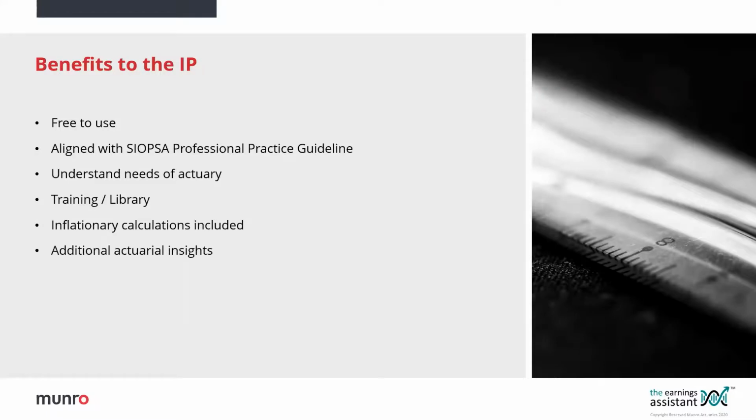There are also additional actuarial insights, so if there's something unusual from a numbers side of things, we've built it in so that it will automatically flag it to the user. And hopefully it will also allow the IPs to do joint minutes a lot quicker because it's a lot clearer.